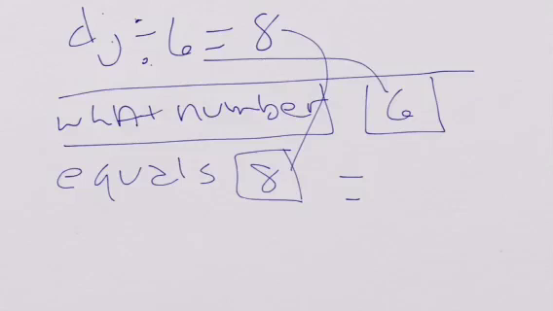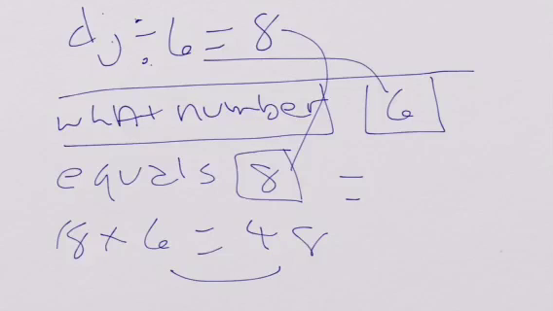But in this case, we could actually just test it by doing 8 times 6 equals 48. So 48 divided by 6 has to equal 8. And so let's test it. 48 divided by 6 is in fact 8. So we're just filling in where the empty boxes are.